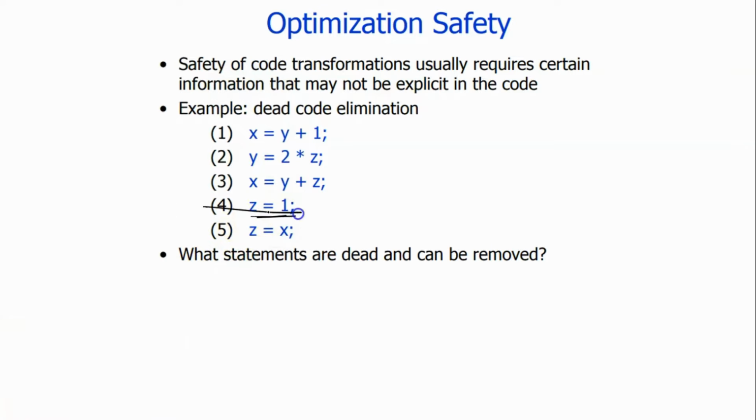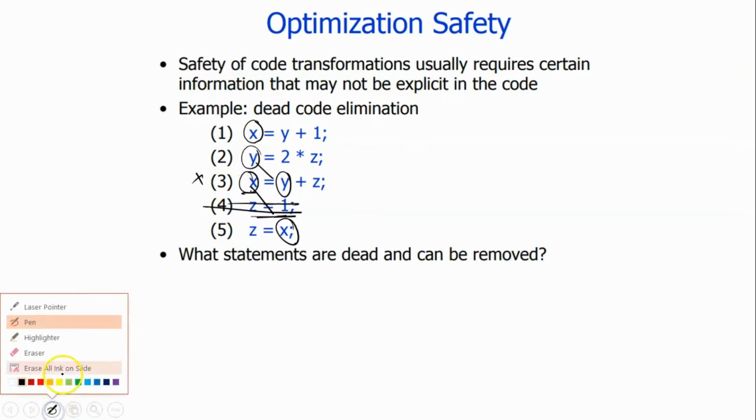So we can eliminate this instruction. Let's see if any other instruction can be eliminated. Can we eliminate this? No, because this definition is being used here. Can we eliminate this? No, this definition we are using here. Can we eliminate this? Let's see whether this definition is used somewhere.